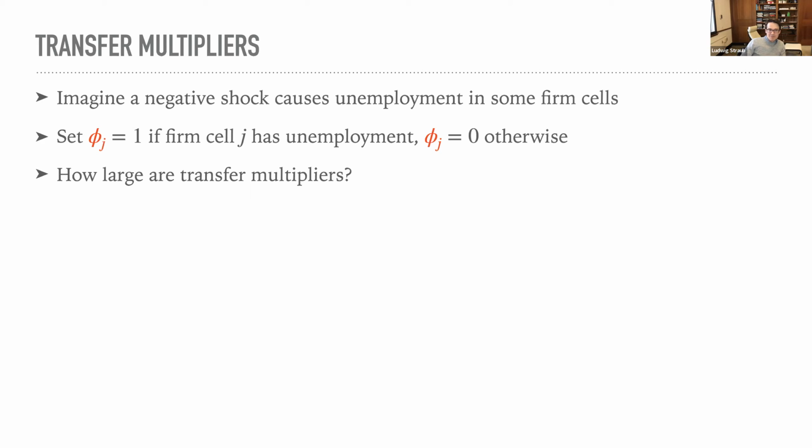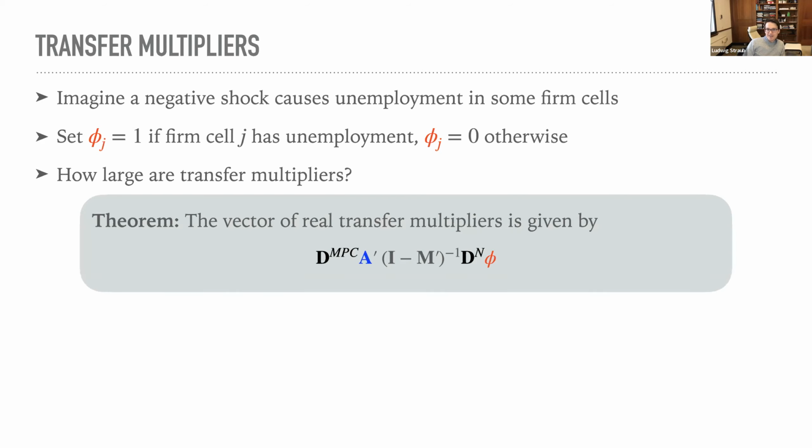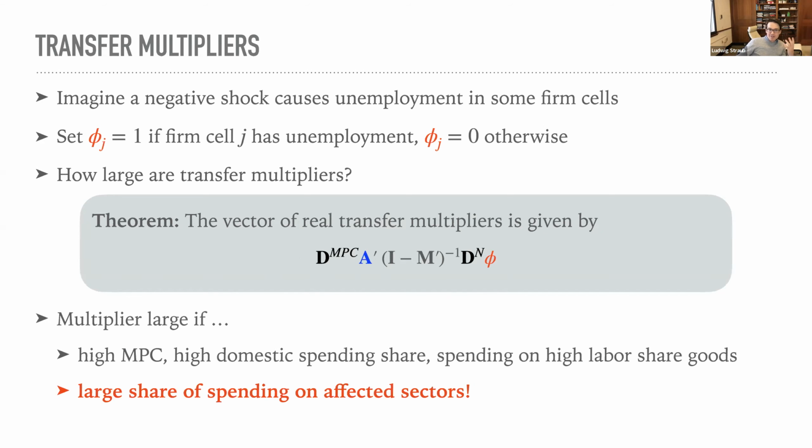The key result here is that transfer multipliers across all sectors, so this is a vector here, are given by the following expression, which crucially depends on what phi is, what the structure is of unemployment across firm cells. Now, it's not the only thing that matters, and some of the things that Christina and David have emphasized in their previous work actually show up here. For example, high MPCs show up here. The labor share shows up here, like in David's recent work.